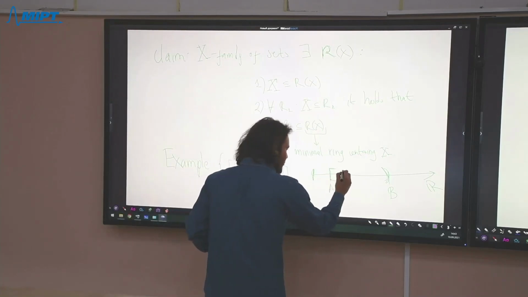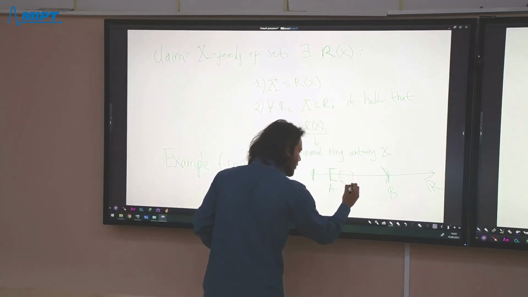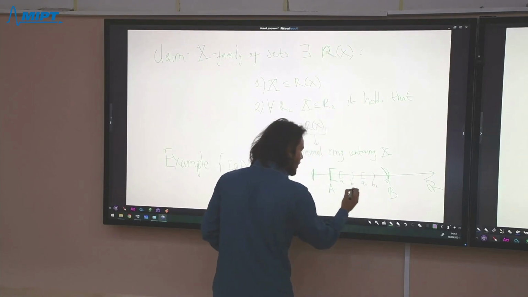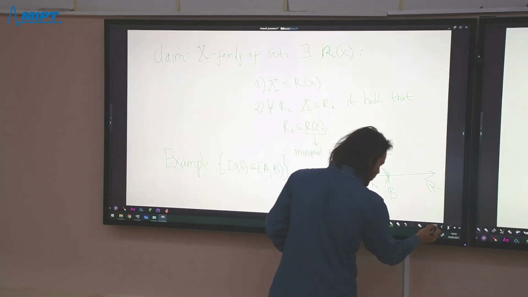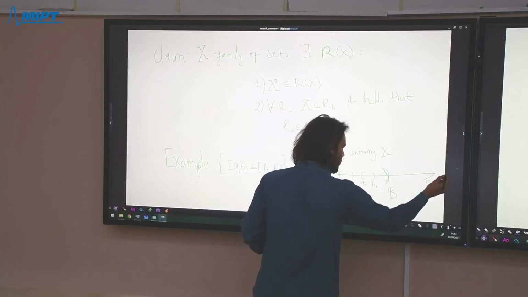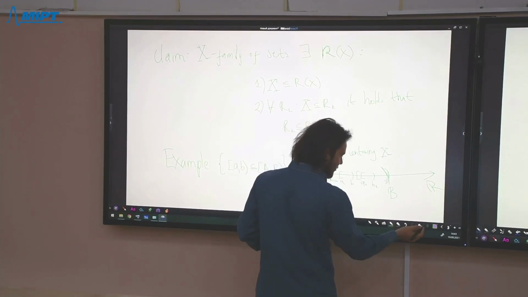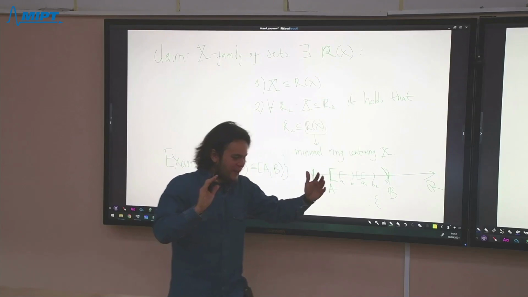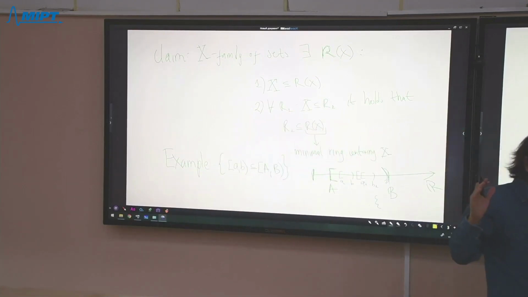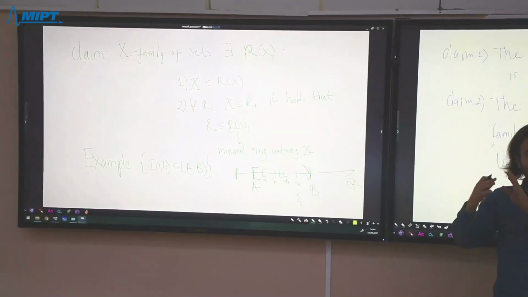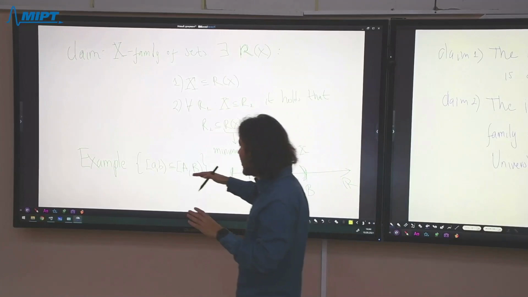For example, this one, or this one, and so on. You can take whatever you want. So we have this half interval, capital A, capital B, and inside it we are going to take all the possible half intervals. And this is a semi-ring.